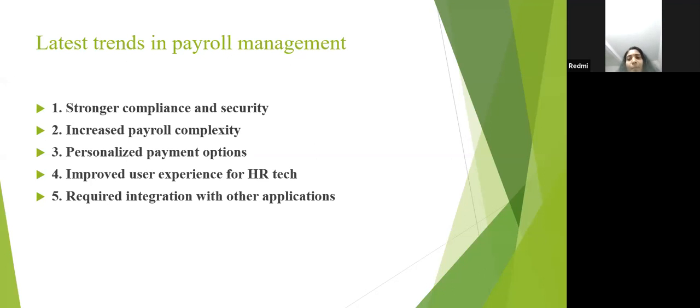Then the improved user experience for HR tech. That is more human capital management. We have heard about HCM, that's human capital management systems. Today they are available in the cloud and payroll is no exception. This means more next generation HR tech is becoming available. For example, HR teams can look for software providers that develop mobile native apps.